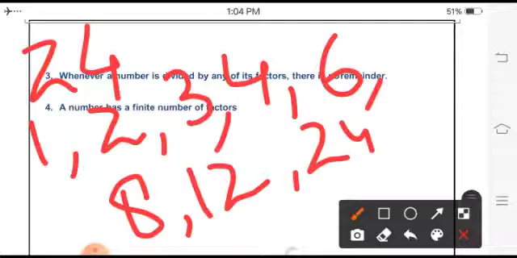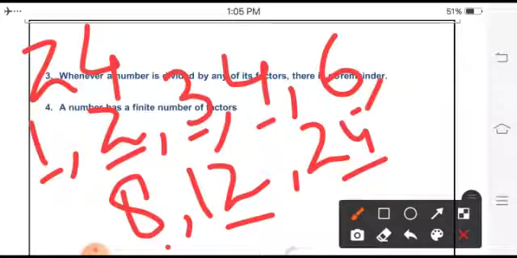These are the factors of 24. There is no factor beyond this. You know, 1 into 24 is 24, 2 into 12 is 24, 3 into 8 is 24, 4 into 6 is 24.